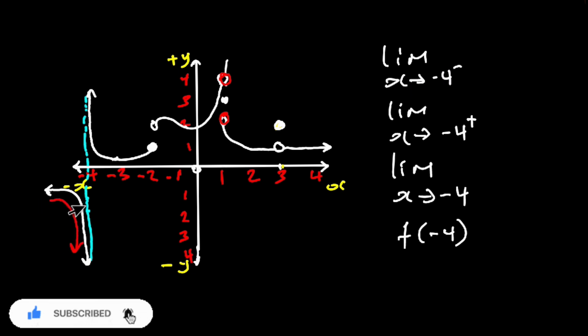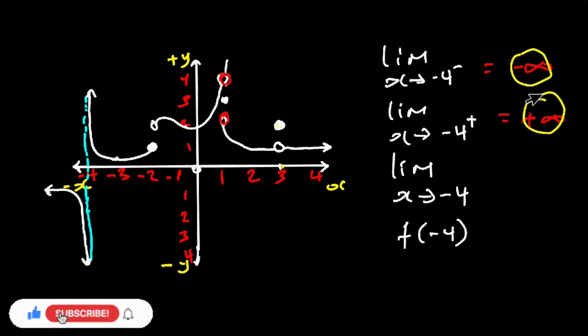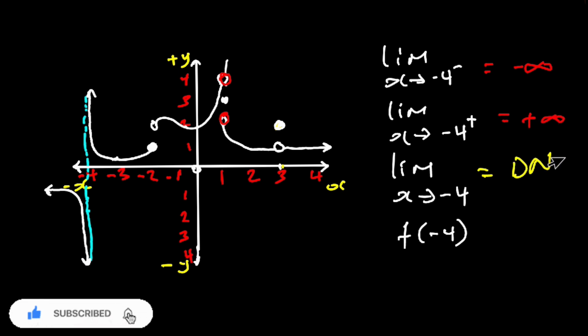As you can see, this curve is tending to infinity. So we say that the answer is -infinity, because this is the negative part of this graph. Then when x approaches -4 from the right, we follow this curve, and then it's approaching +infinity. So this is the answer to this. And then since these two answers are not the same, we say that the limit does not exist.